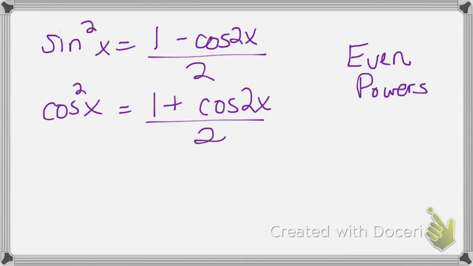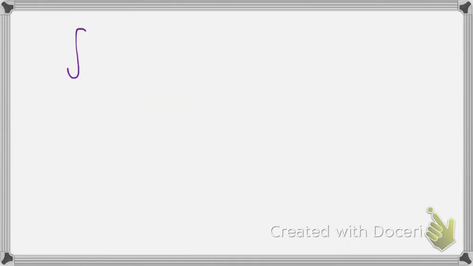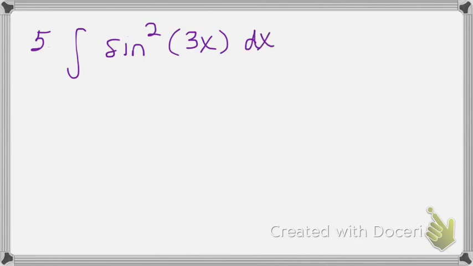All right, so we're going to start off with, what number are we on? Sine squared of 3x. So we have an even power. We don't have an odd power of anything.